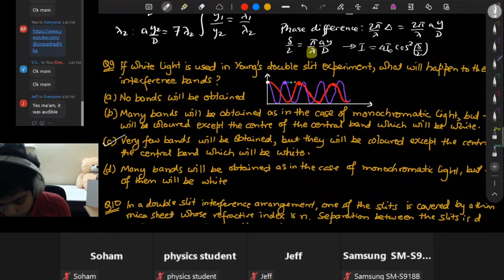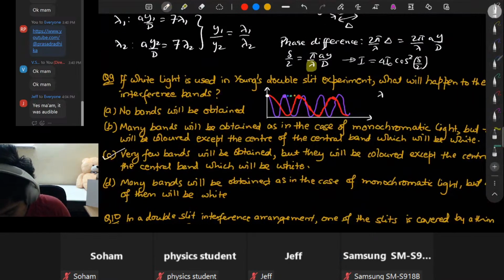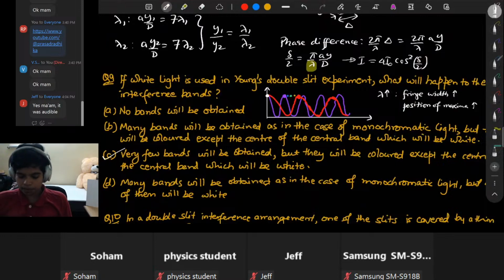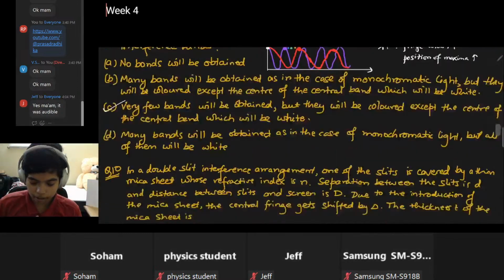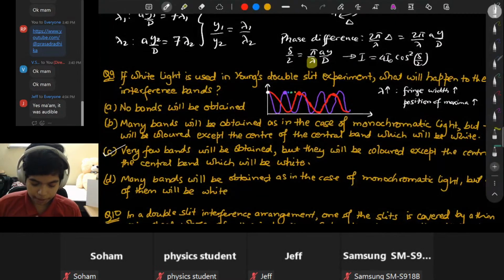So when your wavelength increases, your fringe width also increases. And when your wavelength increases, then the position of maxima also increases. Okay, so this is how you would see white light interference.